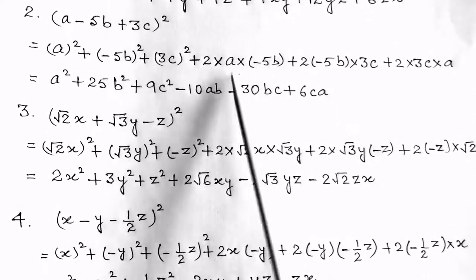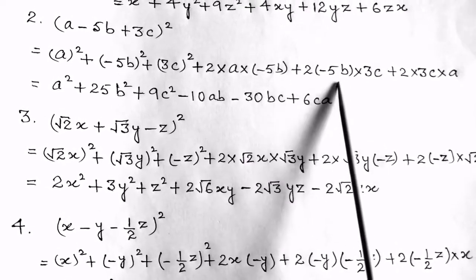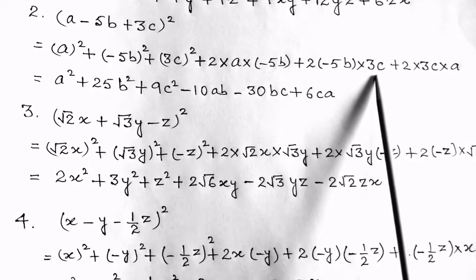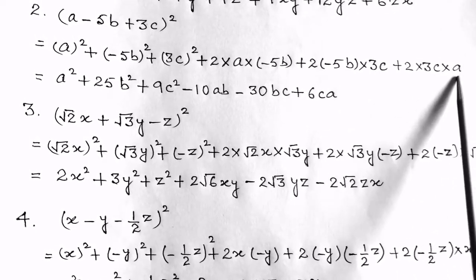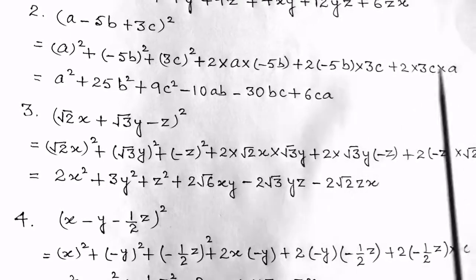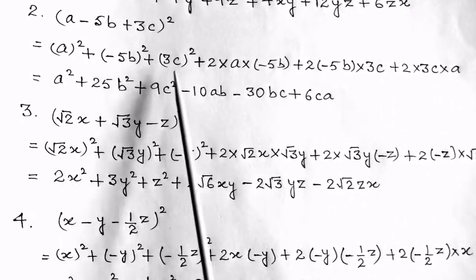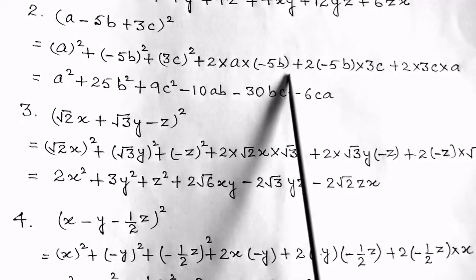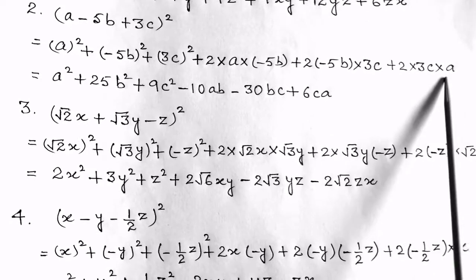Then 2 into a into minus 5b plus 2 into minus 5b into 3c plus 2 into 3c into a, right? I've used the formula square of first plus square of second plus square of third plus 2 into first into second plus 2 into second into third plus 2 into third into first.